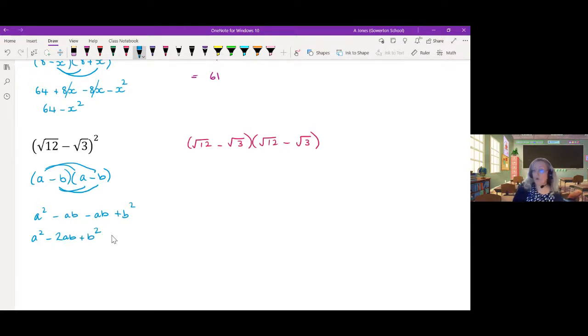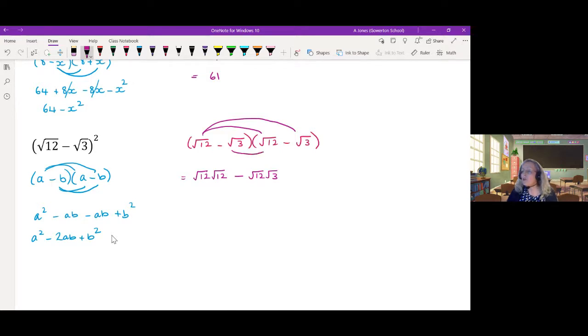And that is exactly what I'm going to do now with this problem. So I am going to do root 12 multiplied by root 12. So that is root 12, then root 12 multiplied by minus root 3. Positive multiplied by a negative is minus root 12, root 3.